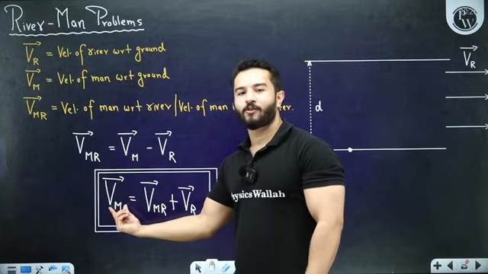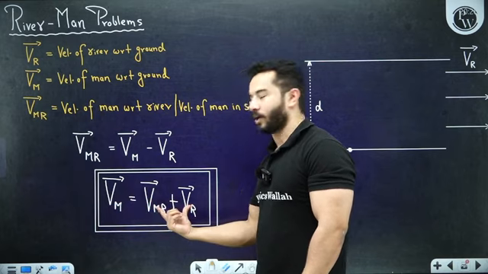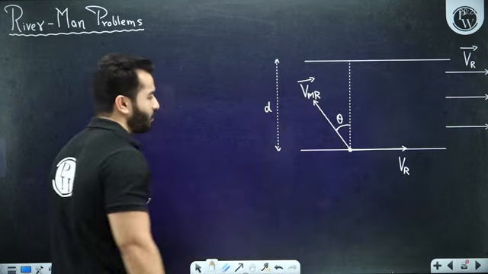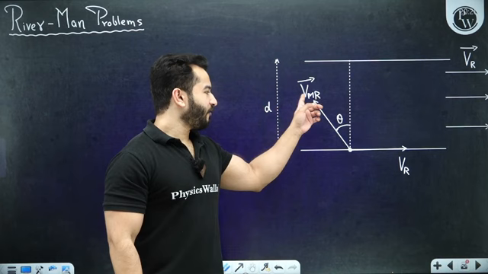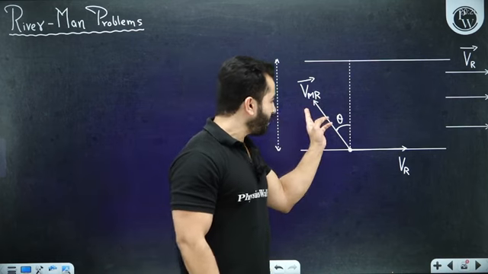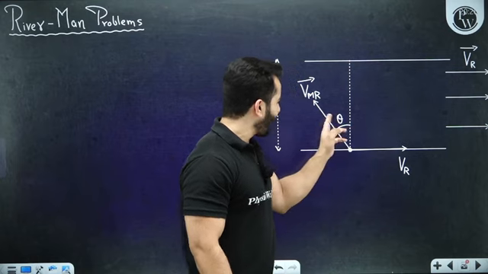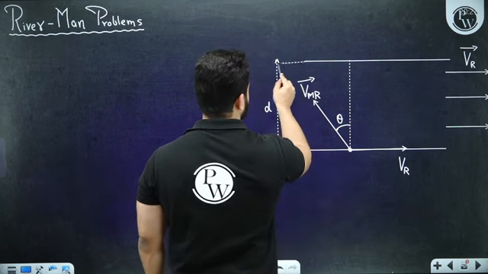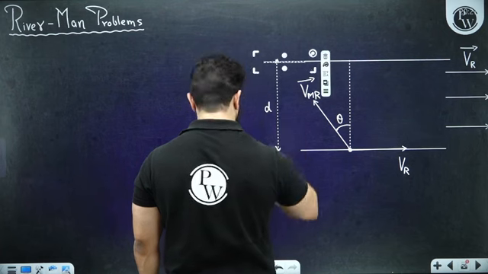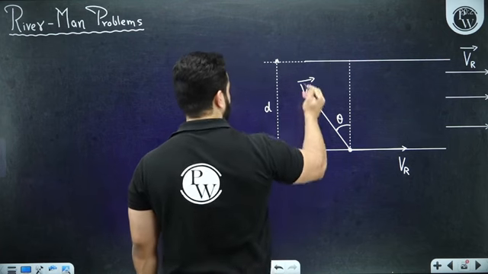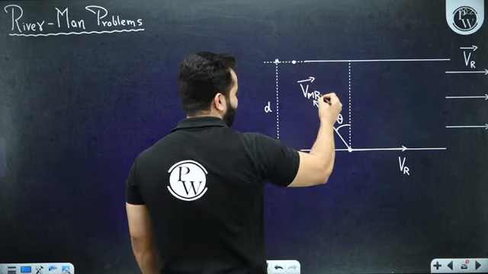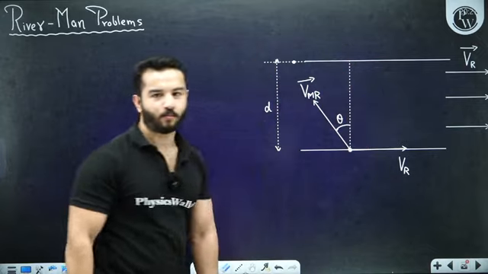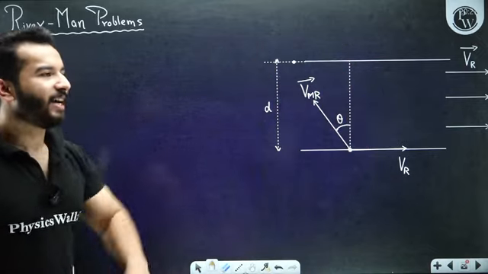Velocity of man will be found by the vector sum of these two quantities, which will lie in between. So the man thought he would land up somewhere over here, but in reality, the man will land up towards the right of this point. Is that correct?